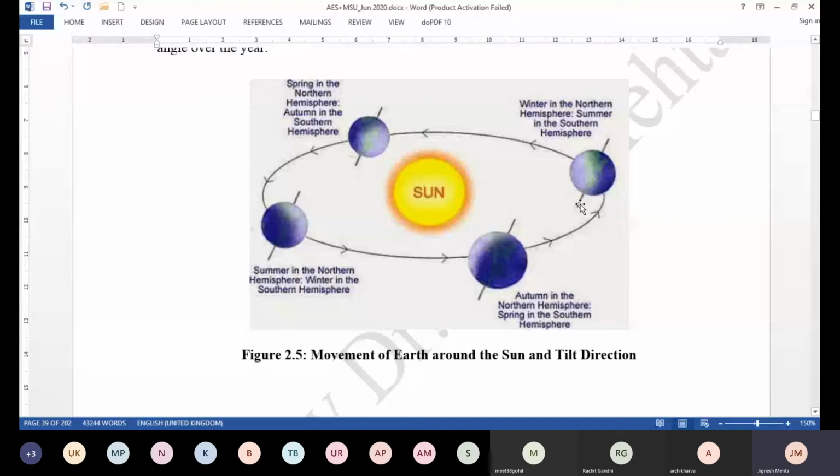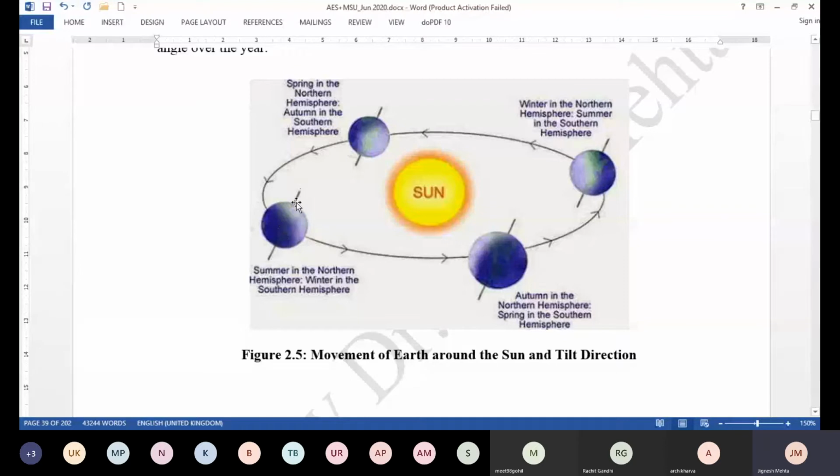Now as you can see in this figure, if you start with this point, let's say summer in the northern hemisphere, winter in the southern hemisphere, right? So this is actually talking about which day? It is talking about the summer solstice, right? That is June 22, 23.